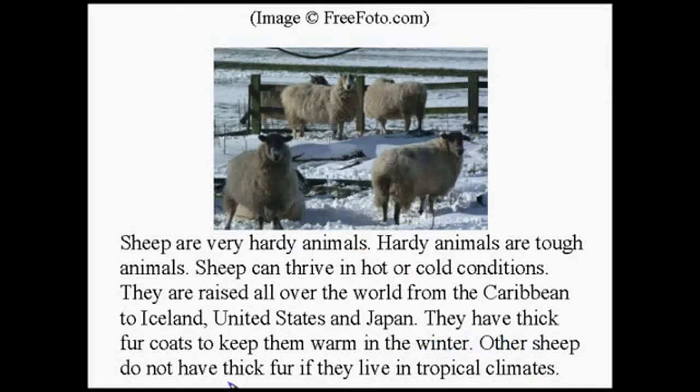They have thick fur coats to keep them warm in the winter. Other sheep do not have thick fur if they live in tropical climates.